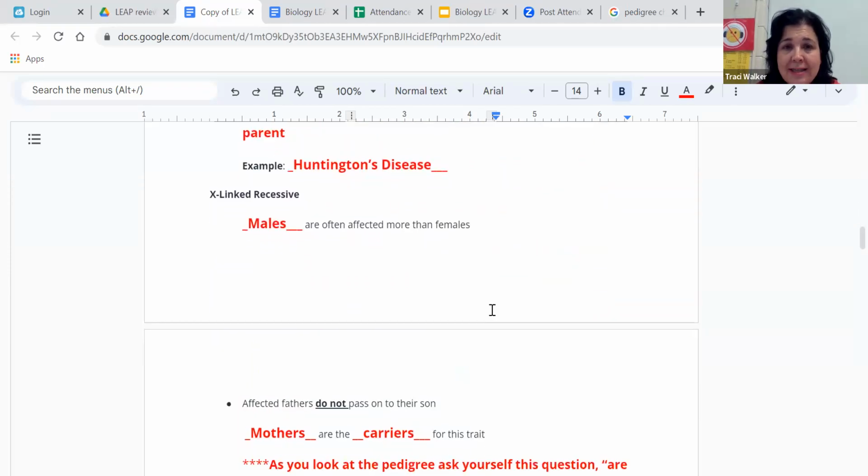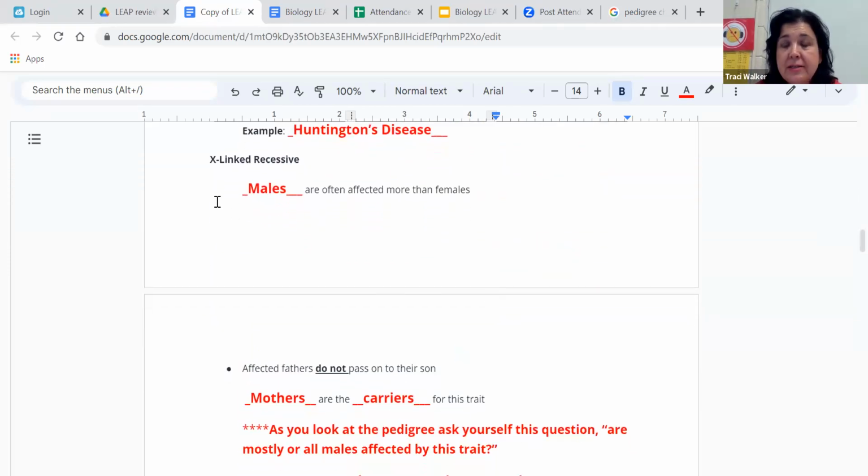Now, the last type of pedigree is the X-linked recessive. And remember, if it's X-linked, that means it's on one of your two sex chromosomes. So it's on the X chromosome. That's why we call it X-linked. And so if you are a male, you only have one X chromosome.